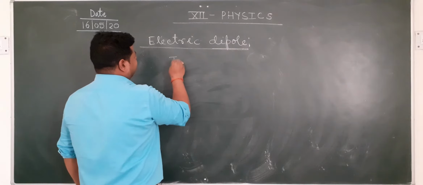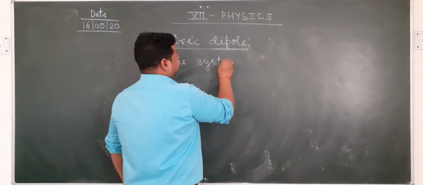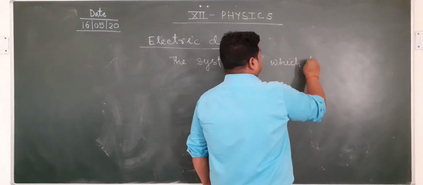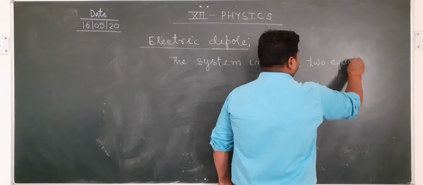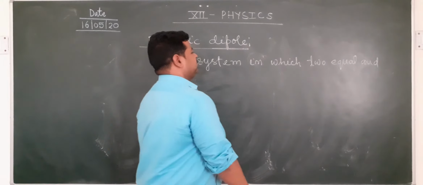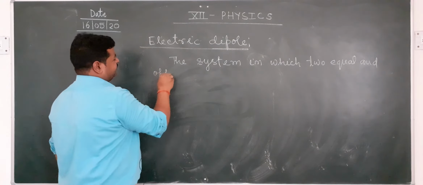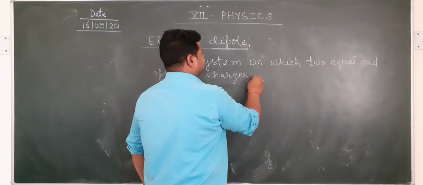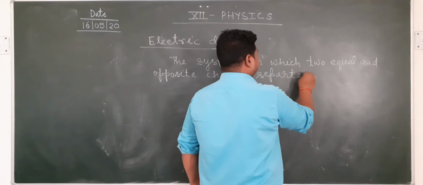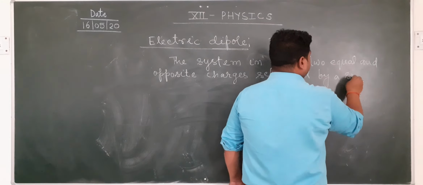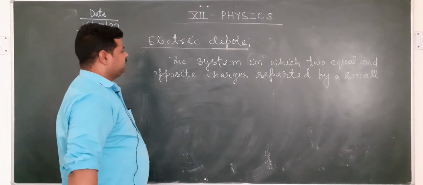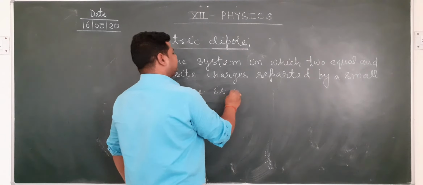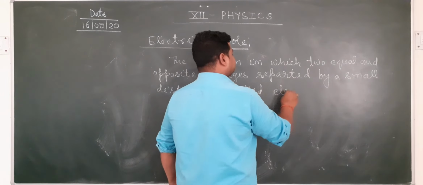The system in which two equal and opposite charges separated by a small distance is called an electric dipole.